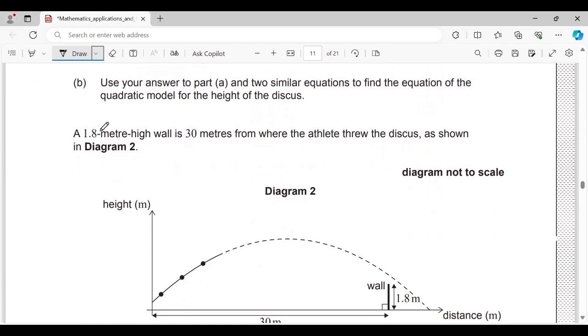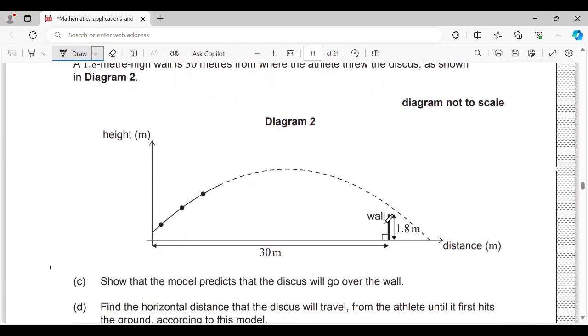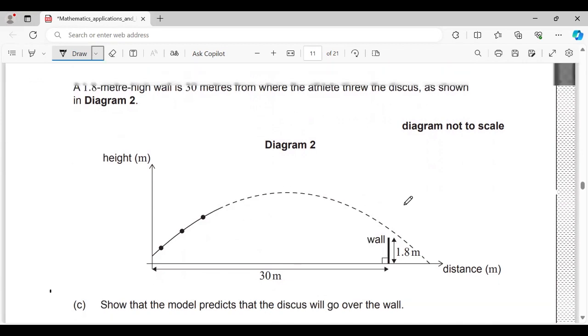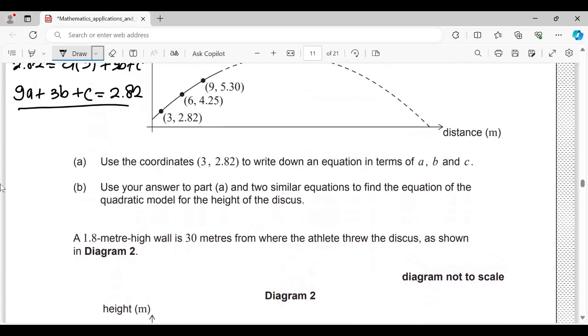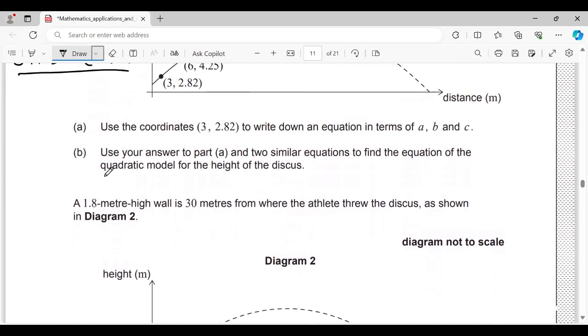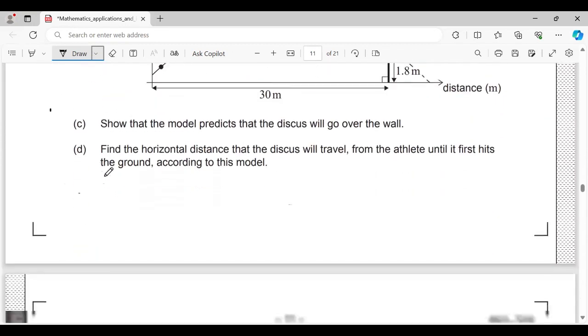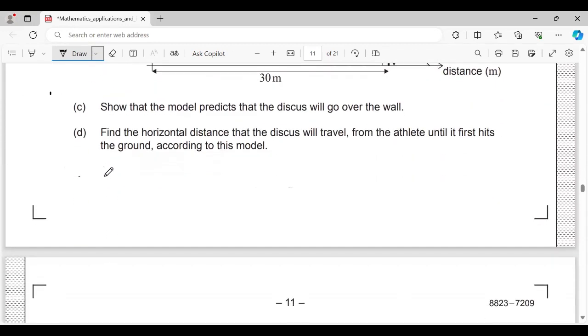A 1.8 meter high wall is 30 meters from where the athlete threw the discus, as shown in diagram 2. But we're going to do part B first, and continue here.